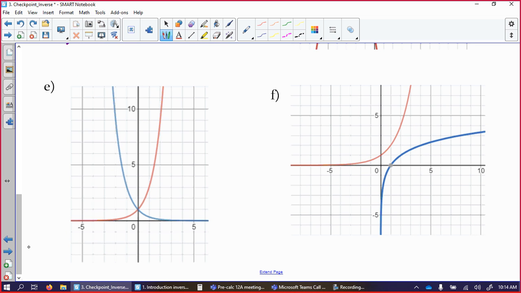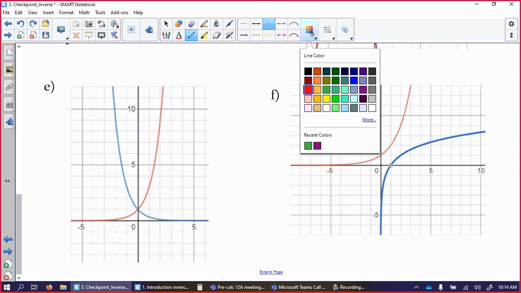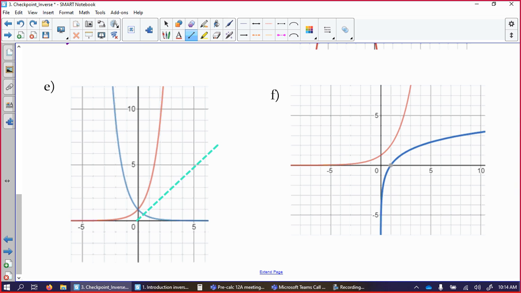Oh, there's more. Oh, look at those two. Those are pretty. We're going to look at those later. Oh, what color do I want to use now? Aqua. So there's our line y equals x, give or take.